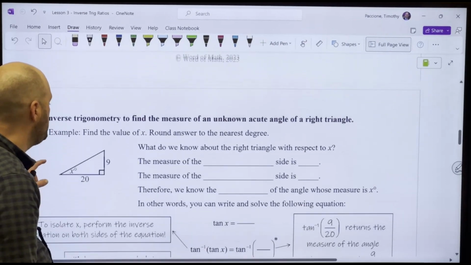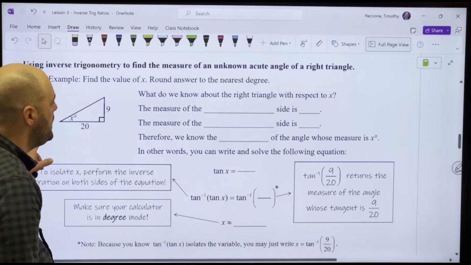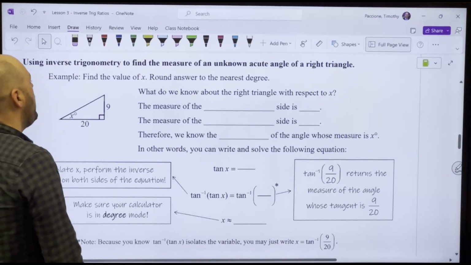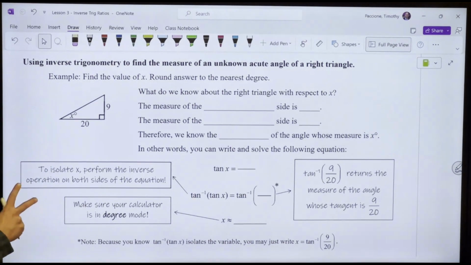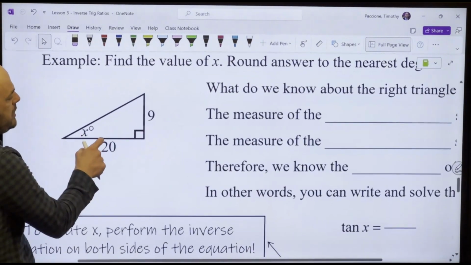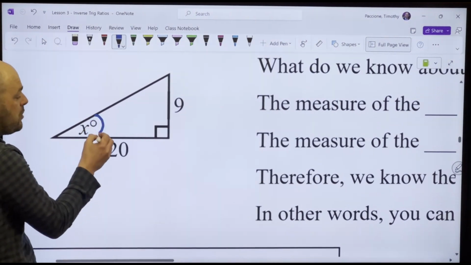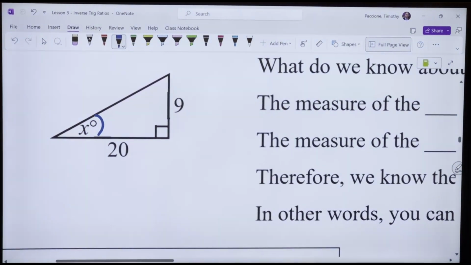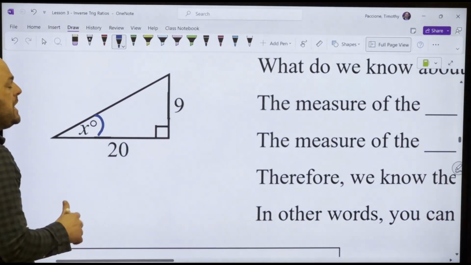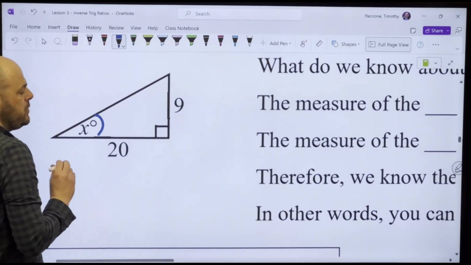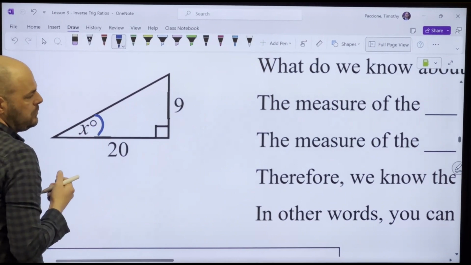Okay, we will do one more example together, and then I will let you get some work done, and then I'll give you your homework. All right, so here's an example of an unknown, okay? Looking at this triangle, first thing we notice is, oh, it's the angle that we don't know. So right away we're like, oh, this is going to be an inverse trig function, not a trig function, an inverse trig function. But we still do the kind of comparison. What do we know in comparison to it? Well, what's the 9 to that angle?